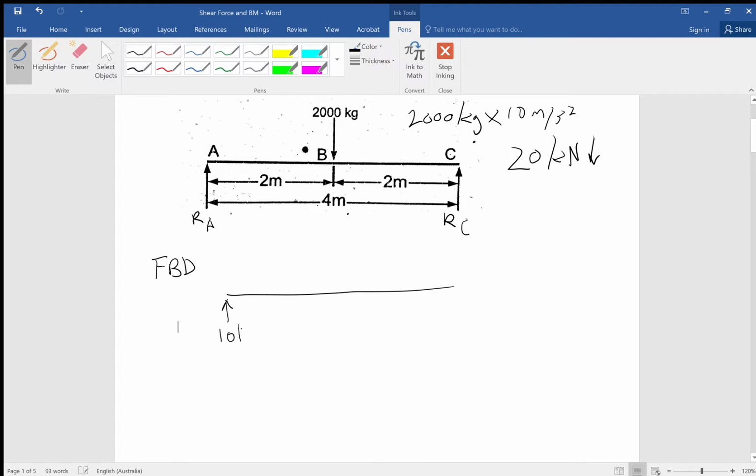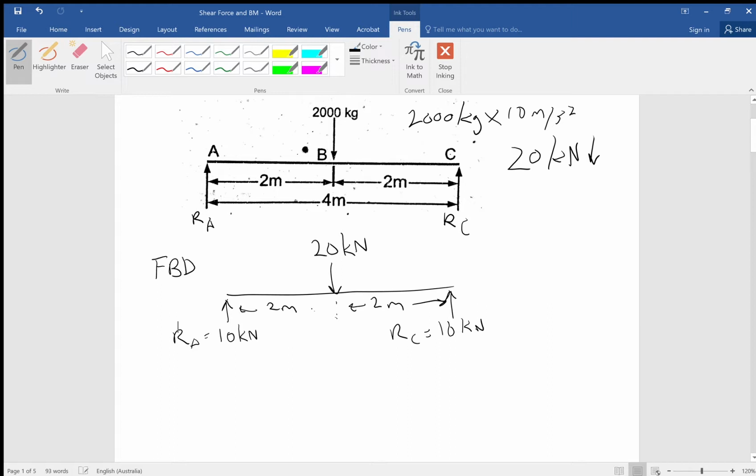So you'd have 10 kilonewtons acting up on this side for reaction A, and 10 kilonewtons acting up on this side for reaction at C. And at dead center, we have our 20 kilonewtons acting down. And we know that our distances are 2 meters and 2 meters.